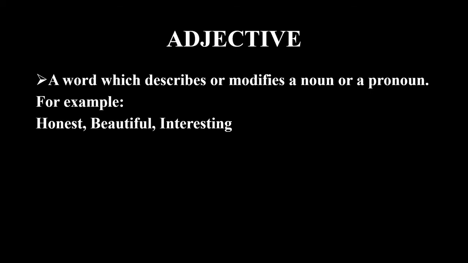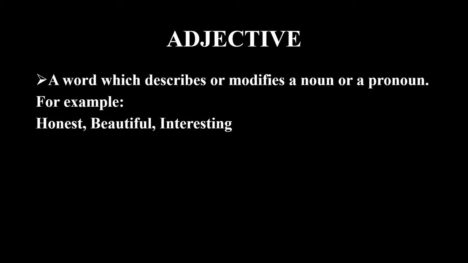Next is adjective. An adjective is a word which describes or modifies a noun or a pronoun, or I should say which gives some extra information about a noun or a pronoun. For example, if I say he is an honest man, in this sentence man is the noun and honest is the word which is giving some extra information about that man.